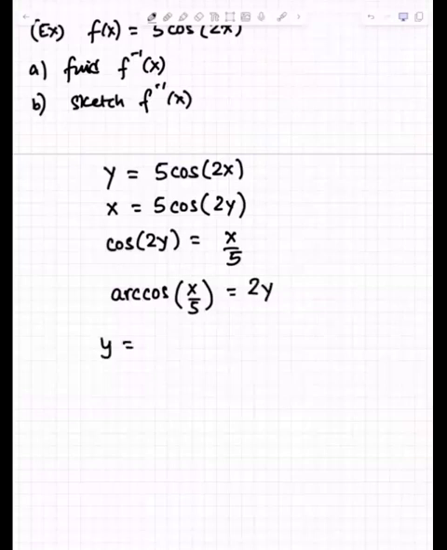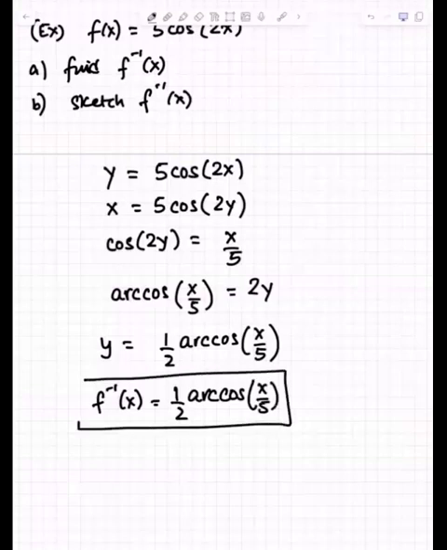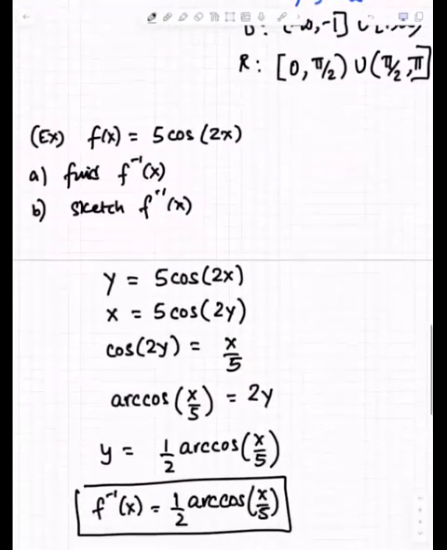So y is equal to one half, multiplying both sides by half, times arc cosine of x over 5. So this is our inverse function. Nice. Okay, now let's sketch it.